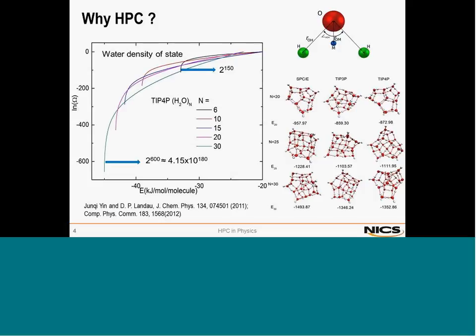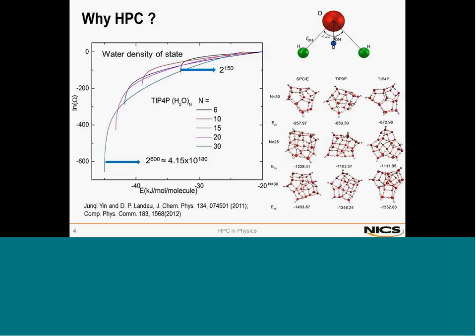On the right side, I show you the ground state of water clusters of 20 to 30 molecules, for different kinds of water potentials. Basically, we just consider the Coulomb interaction between these point charges. That's the main part, but there are also some details I don't mention here.